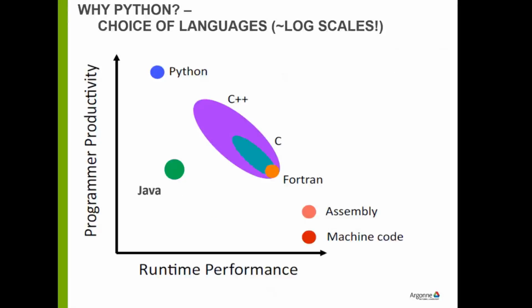So why Python? This, by the way, is a plot that was produced by a couple of crystallographers who looked at languages and asked how easy it is to write code versus how fast it goes. Python is slow because it's an interpreted language. So in other words, you don't write loops in Python if you can avoid it, because it's going to sit there and work its way through all those lines.